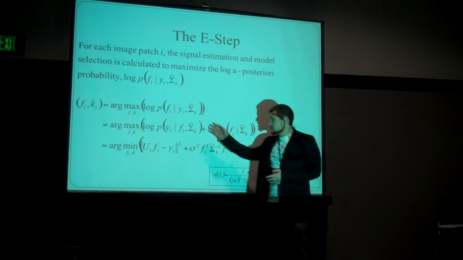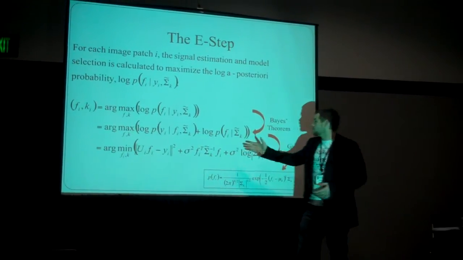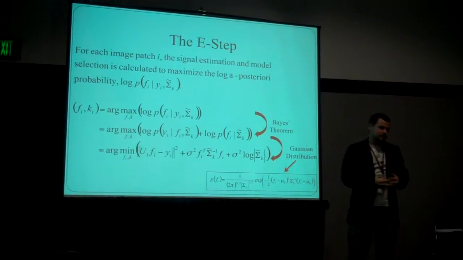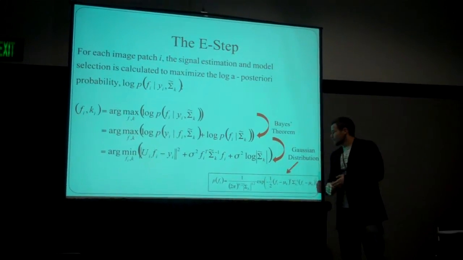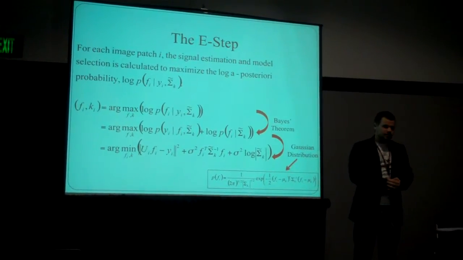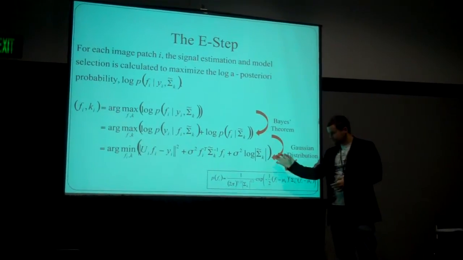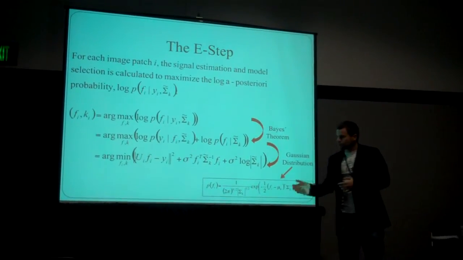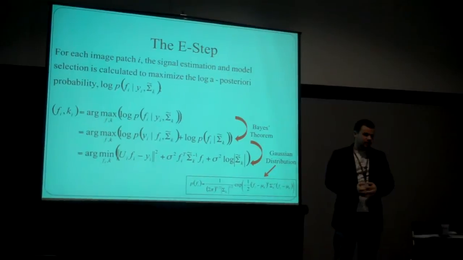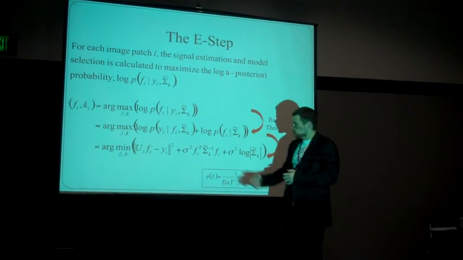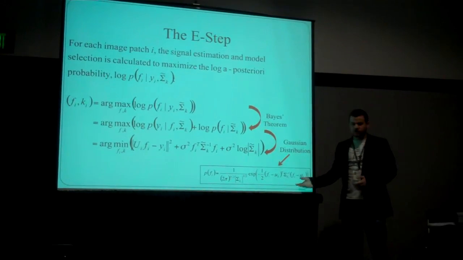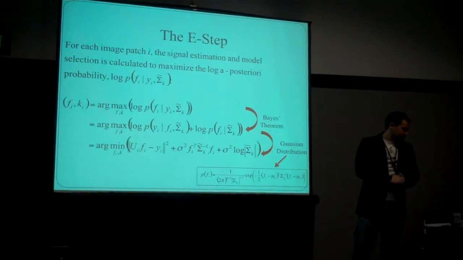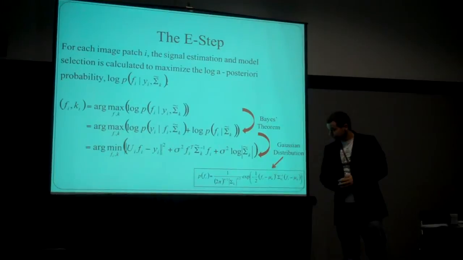So we're trying to maximize this, and we can expand it out using Bayes' theorem in statistics or probability, and then using the properties of a Gaussian distribution, we can get this expression on the bottom. The reason why it's now a minimization equation is that if you're taking the log of an exponential, you can see down here this exponential is negative, so the negative of a maximization is just a minimization.